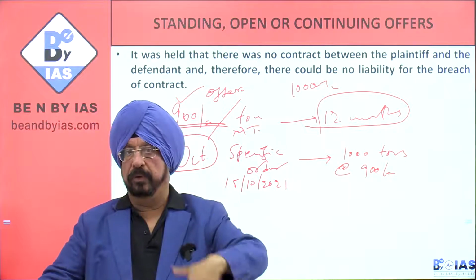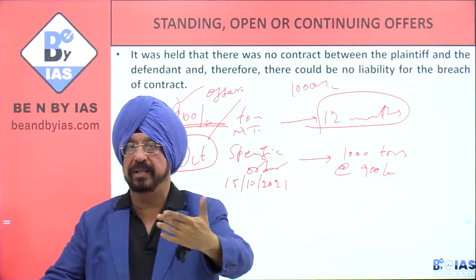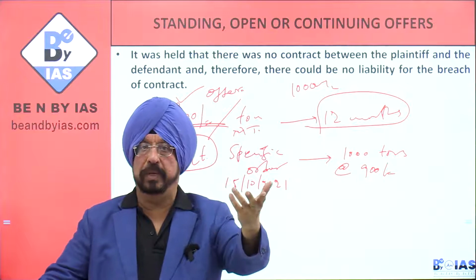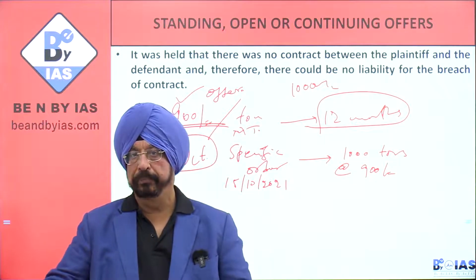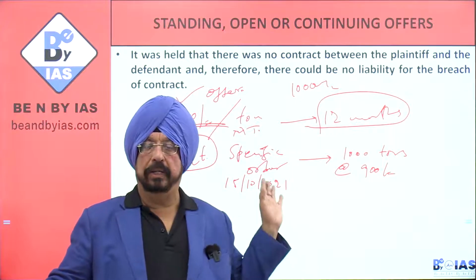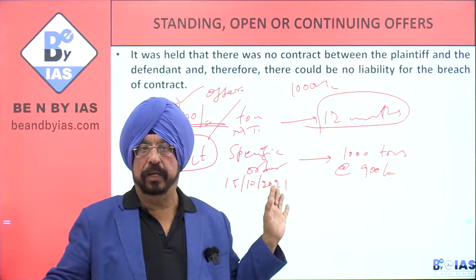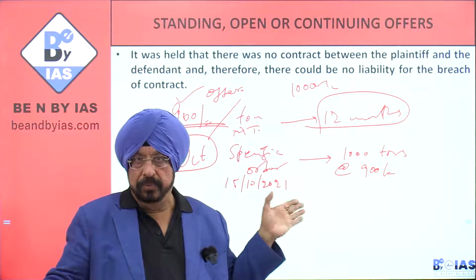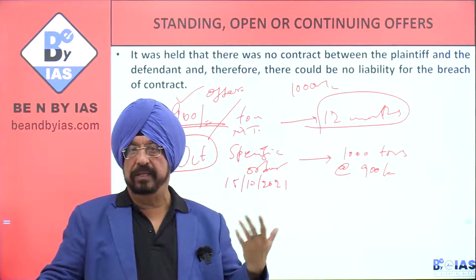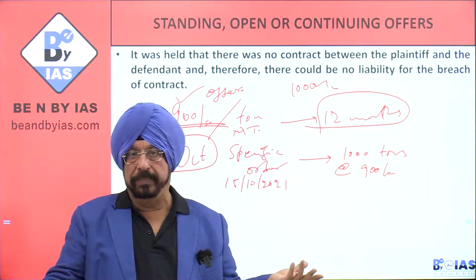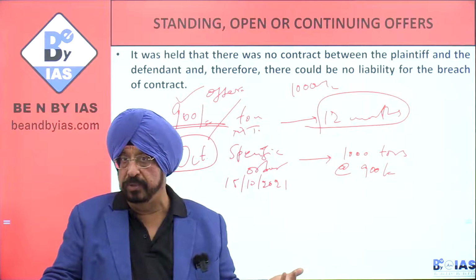Now for November, you may cancel, you may remove, you may say, no, I do not need any supply. Or the tenderer may say, sorry, the bidder who has bid for 900, suddenly coal prices have gone up, I can't supply at 900 rupees.